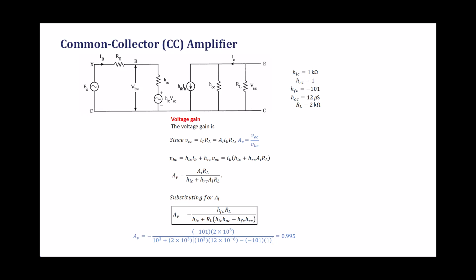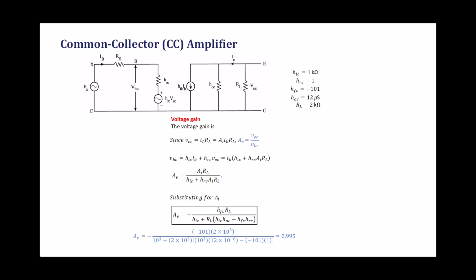Now we substitute our expression for AI from the previous slide, and after simplifying we get the general result: AV equals negative HFC RL divided by HIC plus RL times the quantity HIC HOC minus HFC HRC.